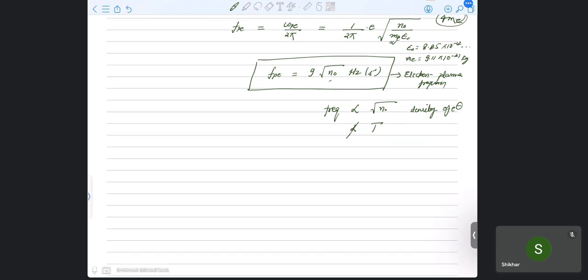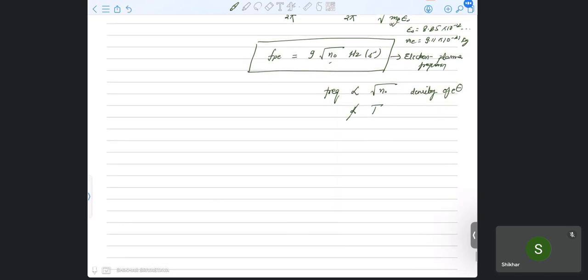Now comes another parameter, which is called the plasma parameter. What is the plasma parameter? It means the total number of electrons within the Debye sphere.